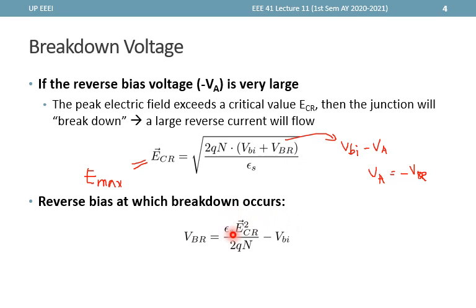So given that we know the critical electric field and the doping concentration at the lightly doped side, so this one is the doping at the lightly doped side, and we are assuming for this equation and actually this equation as well that we have a one-sided step junction, and also given this N here, we can actually solve VBI. So VBI is also a function of this N.